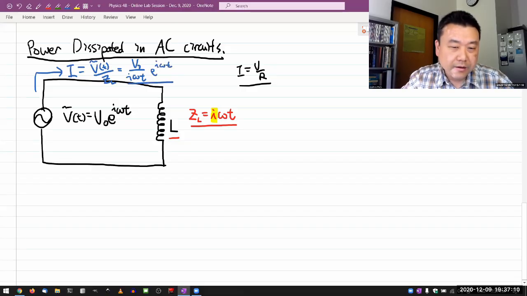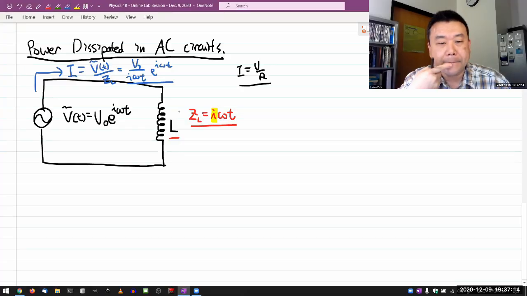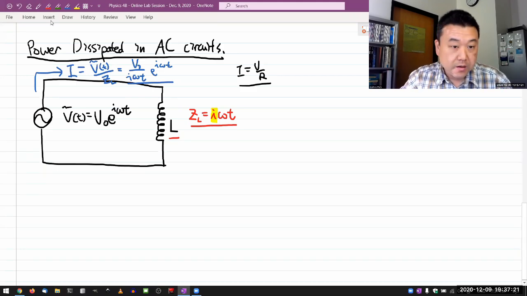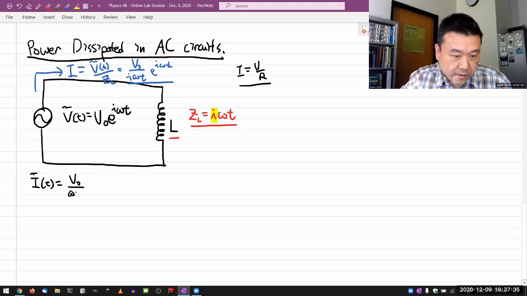Let me rewrite this a little bit, because written in this way it doesn't bring out all the meaning in a way that's easy to see. So let me rewrite current as a complex function. Let me write down all the real coefficients first: V naught over omega L, and I'm going to have e to the i omega t in the end.